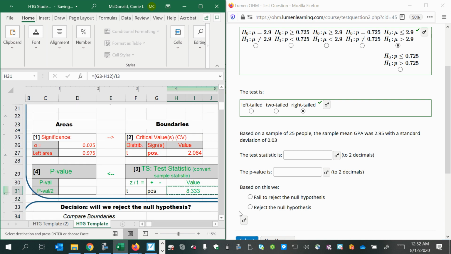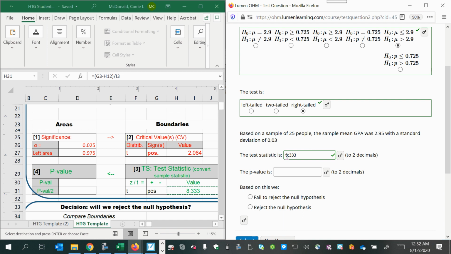So now we have our test statistic. That is crazy high. I wonder if there's a mistake. Nope, that was it. Remember that by the empirical rule, we expect about 95% to fall within 2 standard deviations. The empirical rule doesn't exactly apply to the t-distribution, but it's similar, in the same ballpark.